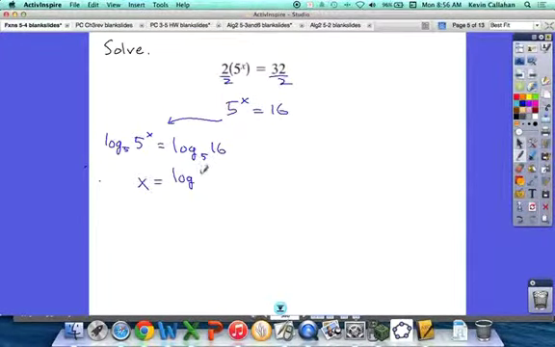Log of 16 over the log of 5. And you just have to turn that into a decimal. Log 16 in parentheses divided by log of 5. 1.723.